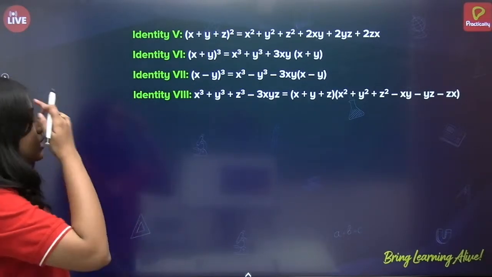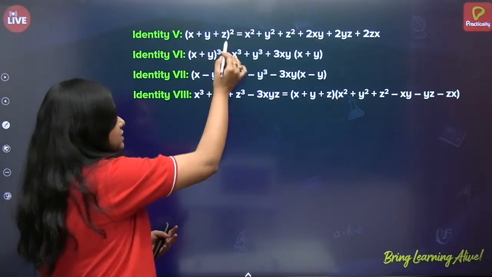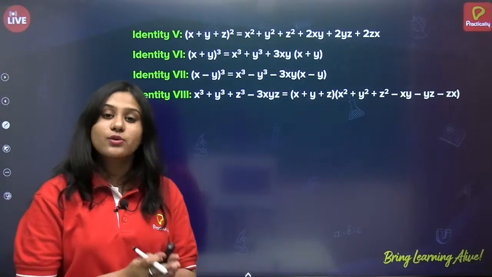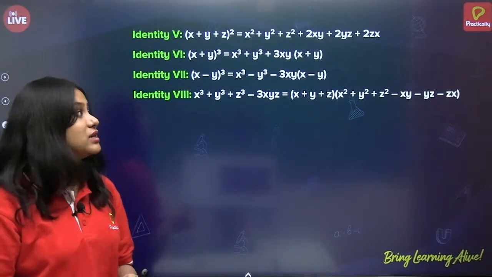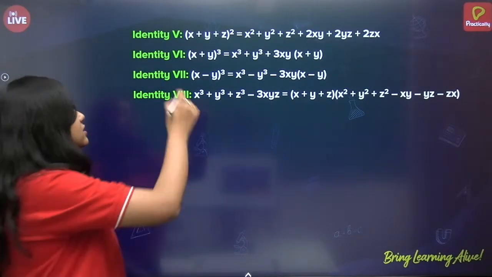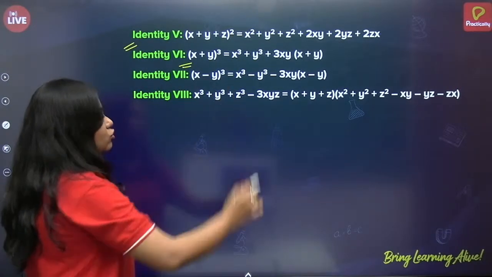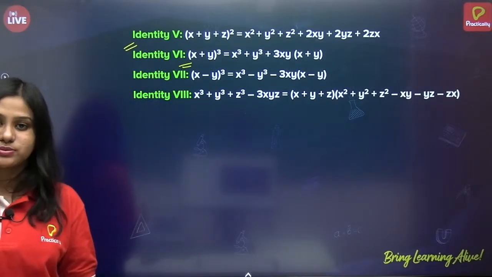Very good. Now we will study 4 more identities. So (x plus y plus z) whole square is equal to x square plus y square plus z square plus 2xy plus 2yz plus 2zx. Okay, this is our fifth identity. Next, (x plus y) whole cube is equal to x cube plus y cube plus 3xy times (x plus y).